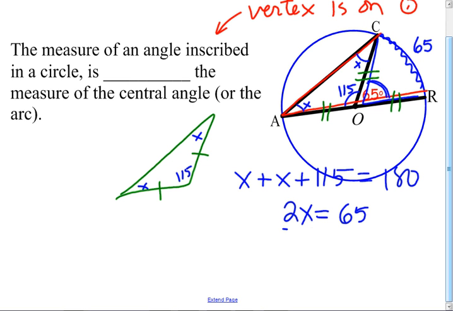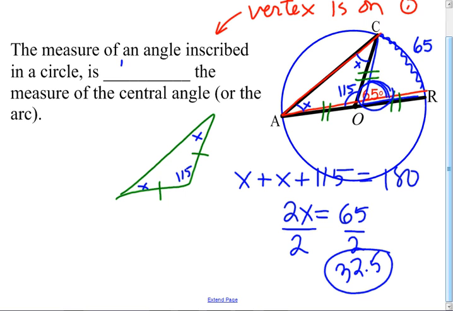You divide by 2, which is 32.5. What's the relationship between 32.5 and 65? It's half. The measure of an inscribed angle is 1/2 of the measure of the central angle or the arc that it intercepts.